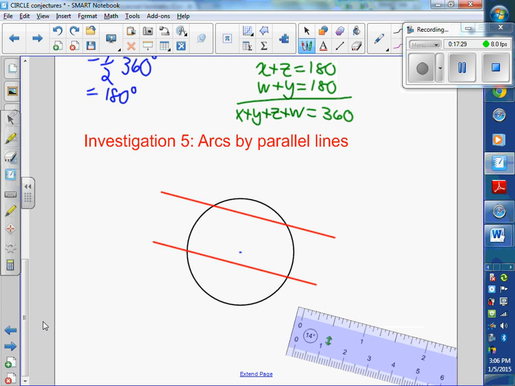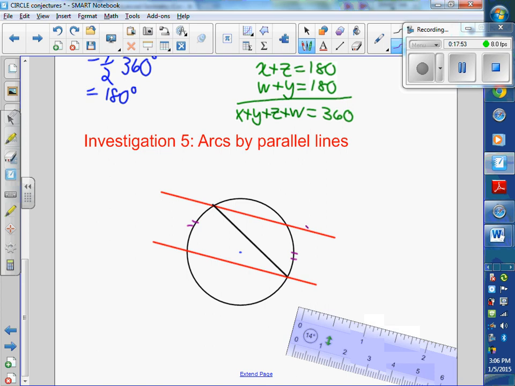What we're going to find is that you probably would just use your intuition to guess that this is congruent to that. But if we have parallel lines, we can actually prove that by putting in a transversal, or just talk about why that's true.